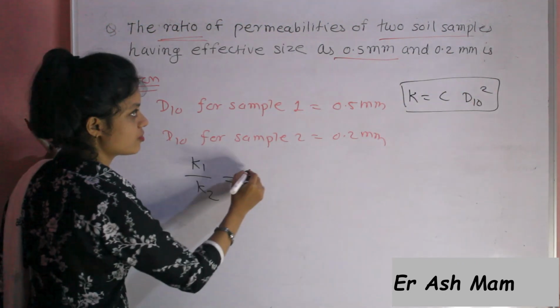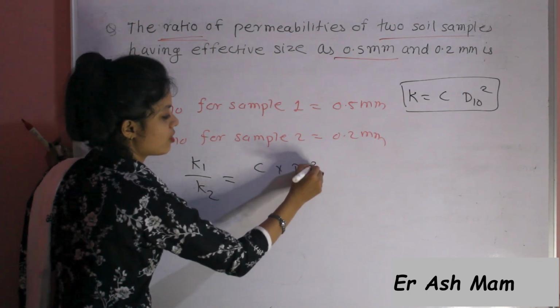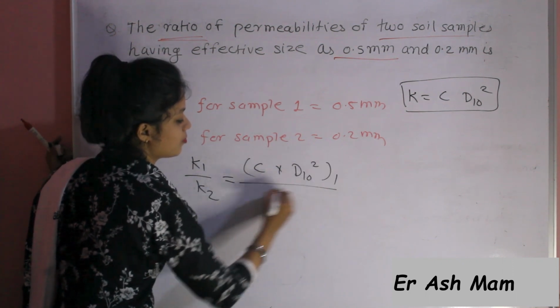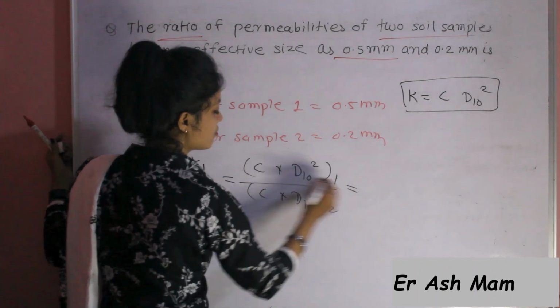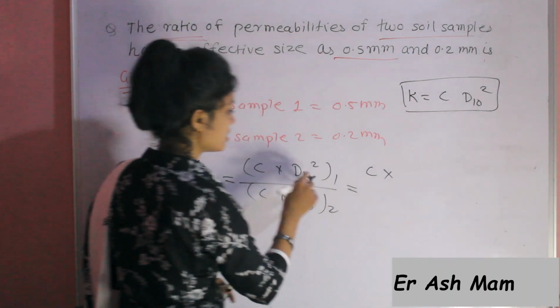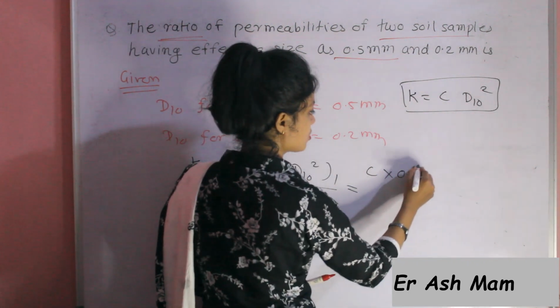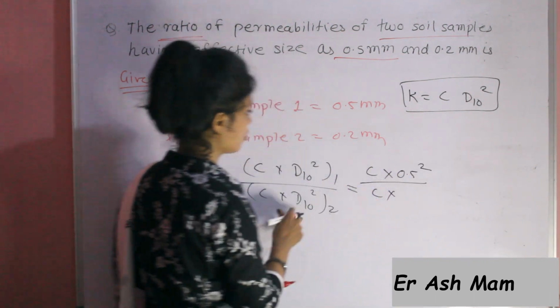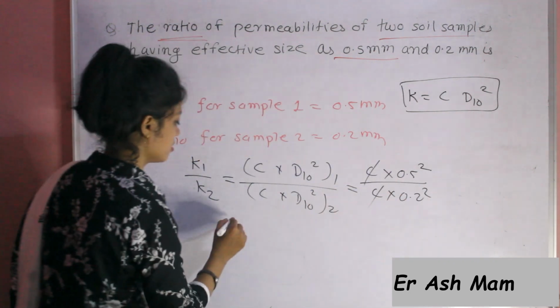We know that formula of K, permeability, is equal to C into D10 square. Therefore, K1 upon K2 equal to C into D10 square of sample 1 upon C into D10 square of sample 2, which is equal to C, same for both samples, C into 0.5 square upon C into 0.2 square. C gets cancelled.